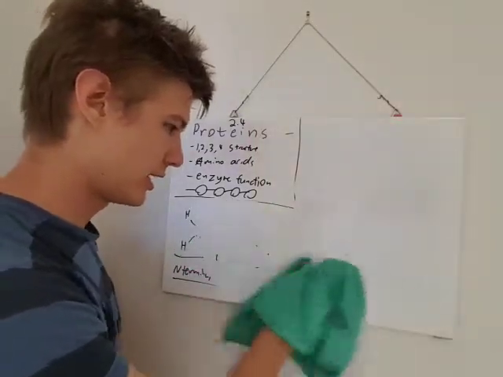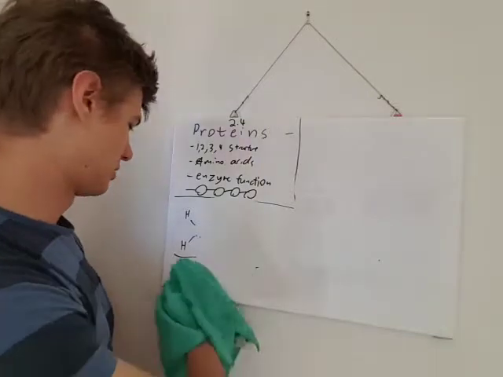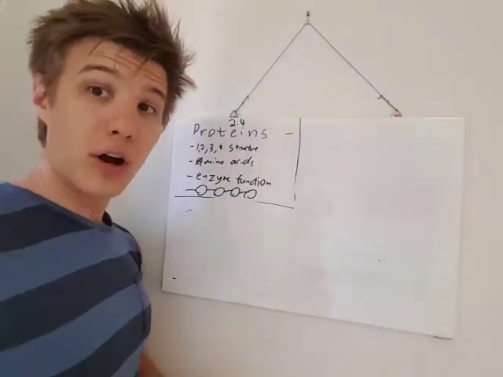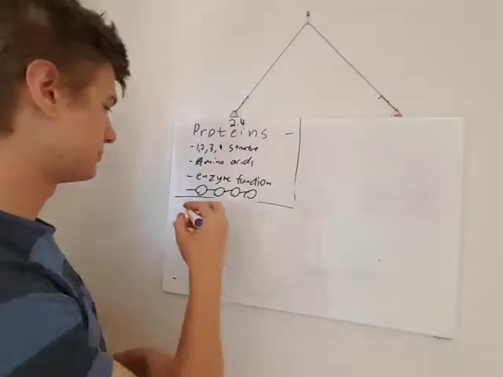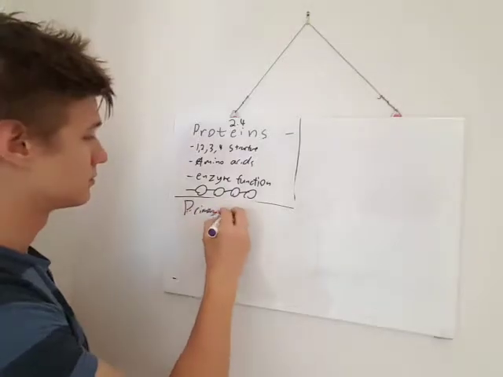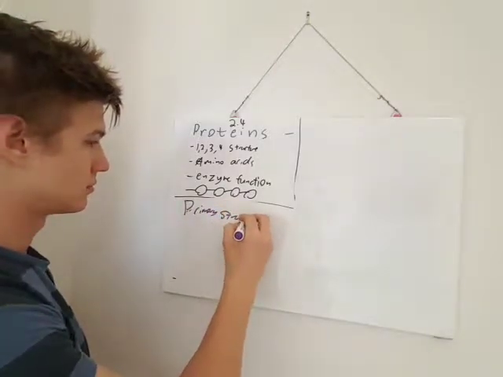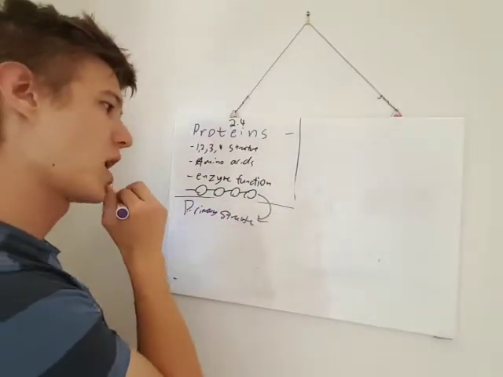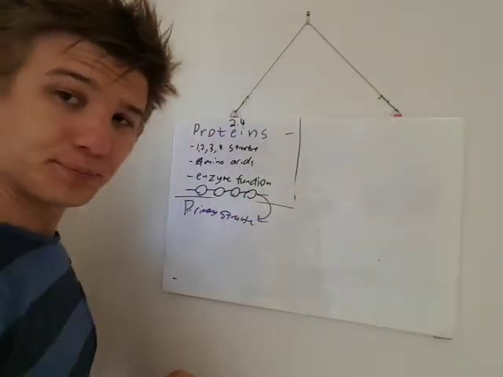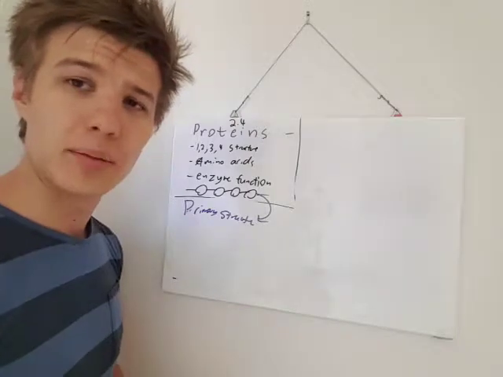So, let's talk about the secondary and other structures of a protein. So, the primary structure of a protein is the amino acid chain. Now, like I said, there are 20 amino acids.